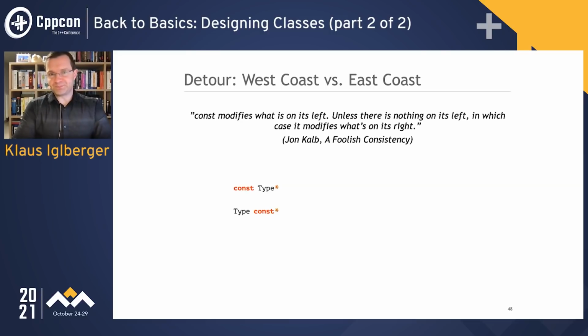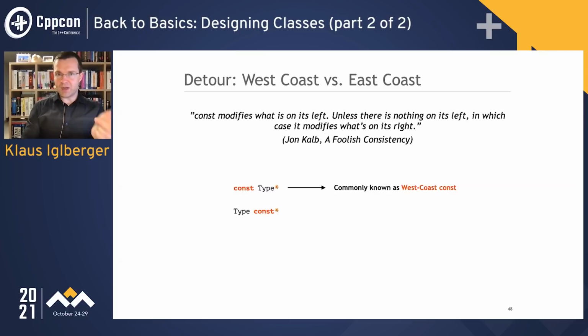And now the initiation, such that you actually survive this week of CppCon: there are two groups of people that favor both types. The first kind of const is commonly known as West Coast const. The second form of const, the one after the type, is commonly known as East Coast const.